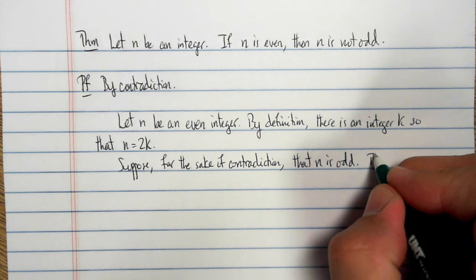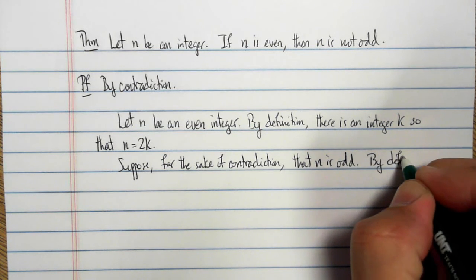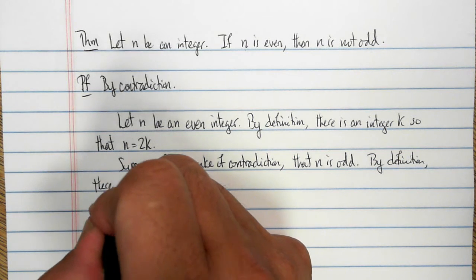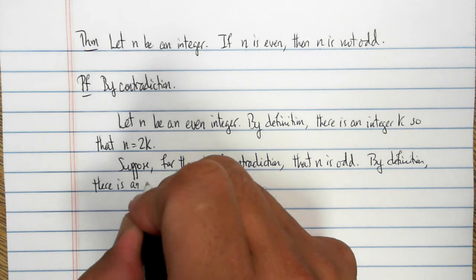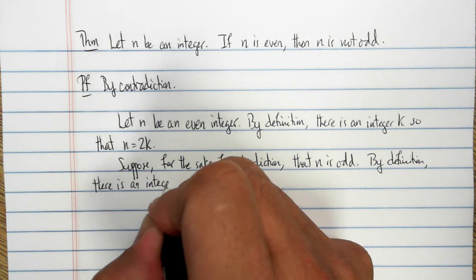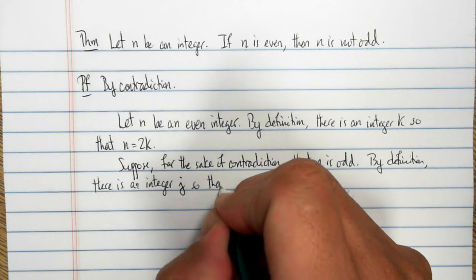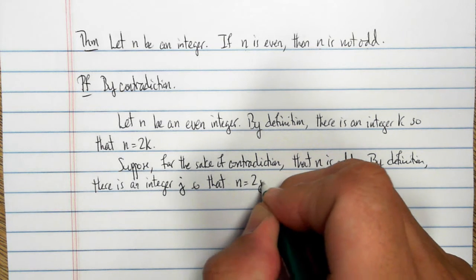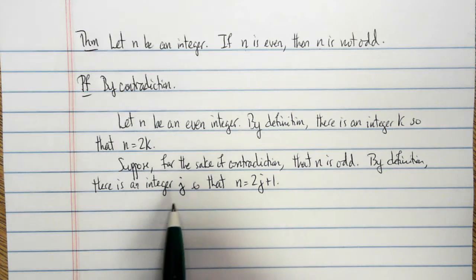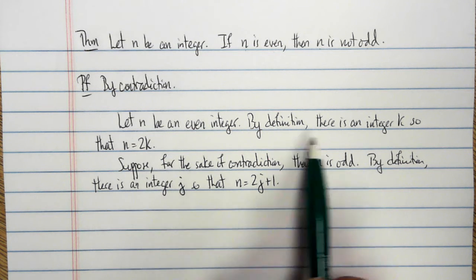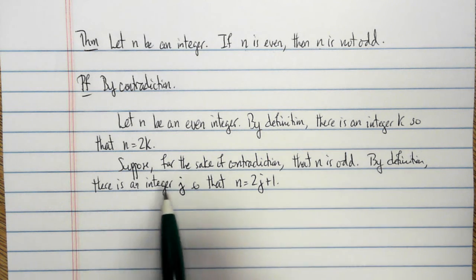If n is odd, by definition, there is an integer j so that n is equal to 2j plus 1 because n is odd. Now notice that I chose a different letter because the letter k has already been used. So n is equal to 2 times k, and so I must use some different letter for this one.